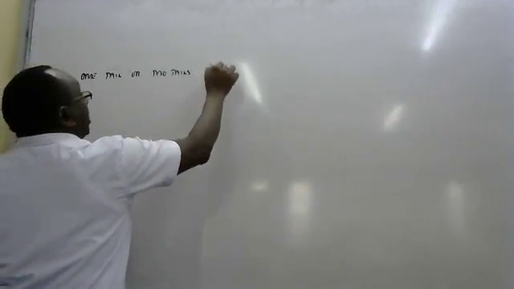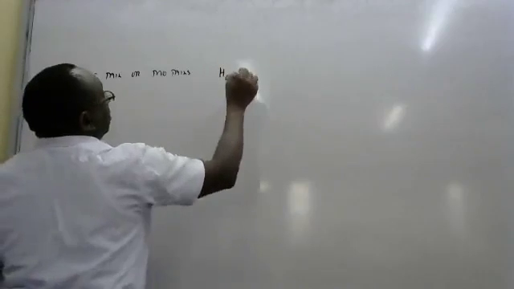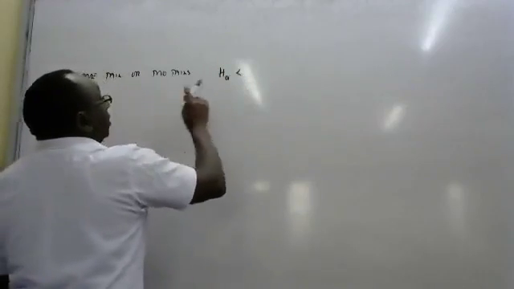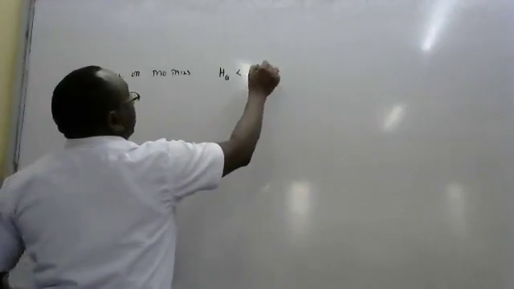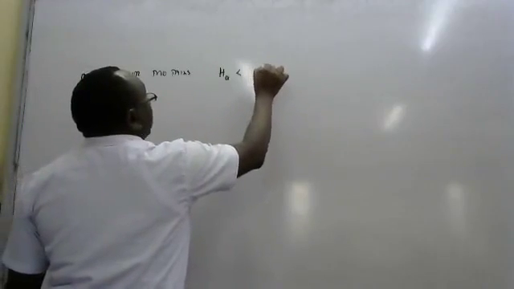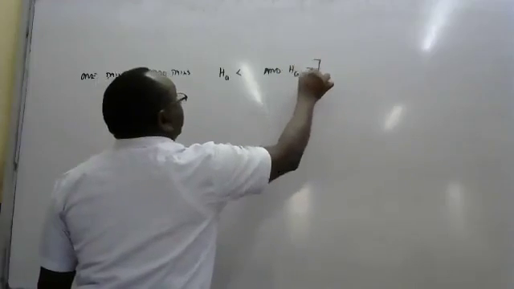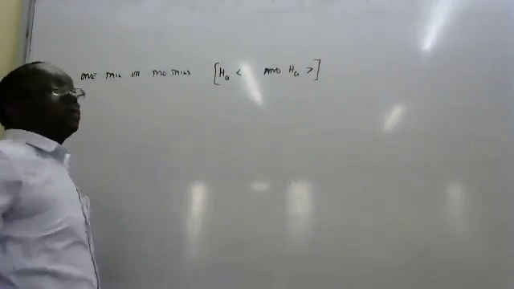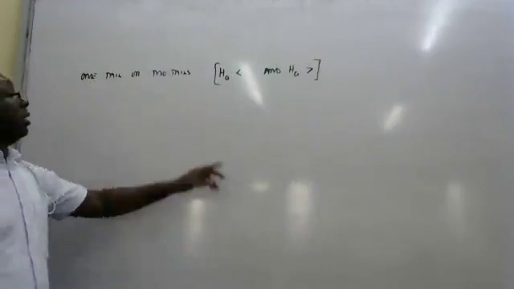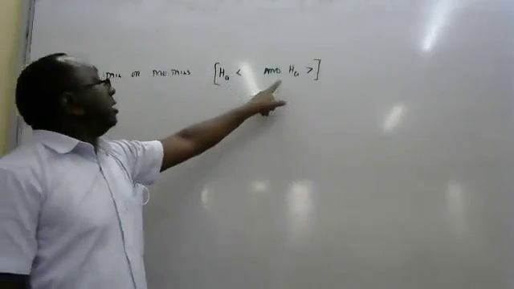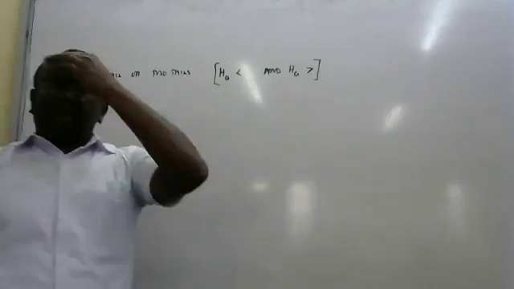In brackets, H naught with HA less than, and H naught with HA greater than. HA less than and HA greater than.